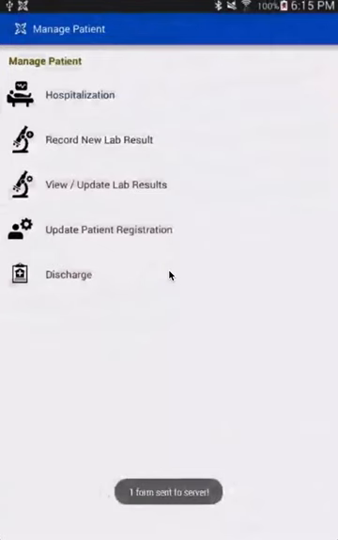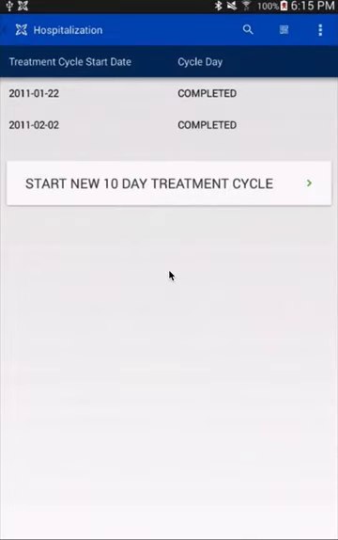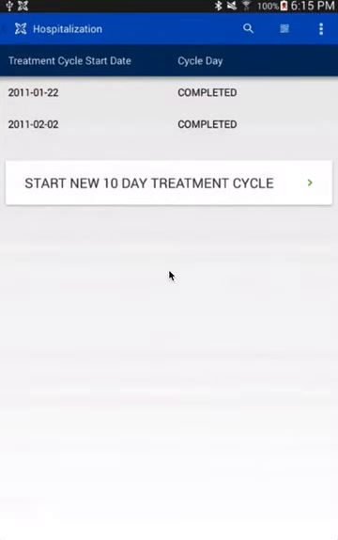So now let's complete the treatment data for the second cycle. Go into hospitalization, and here you can see that because we are going back into hospitalization, we have the two cycles that we can edit. The first cycle that started on January 22nd of 2011, and the second cycle that started on February 2nd of 2011.